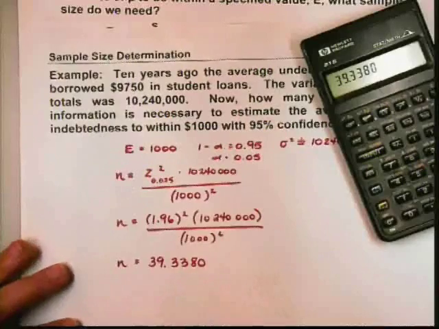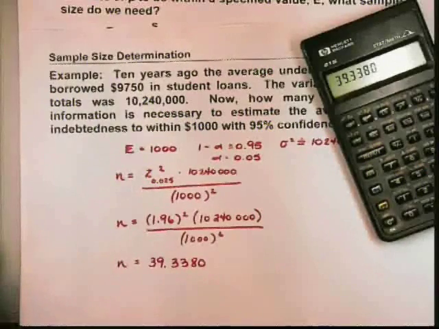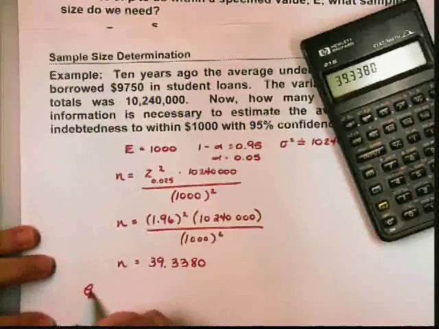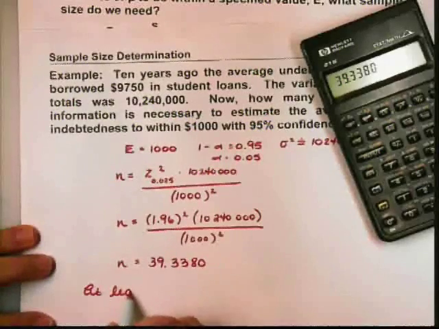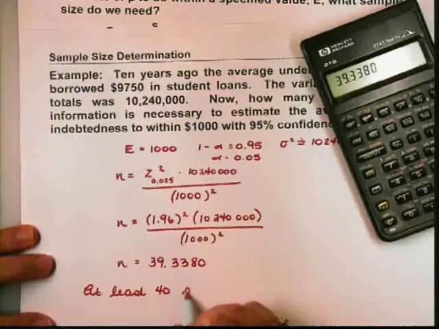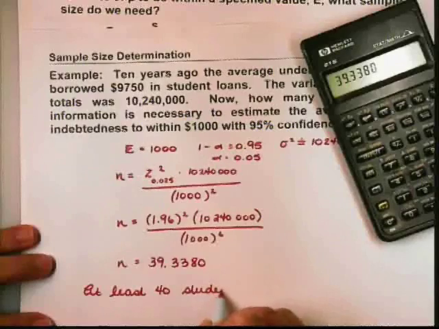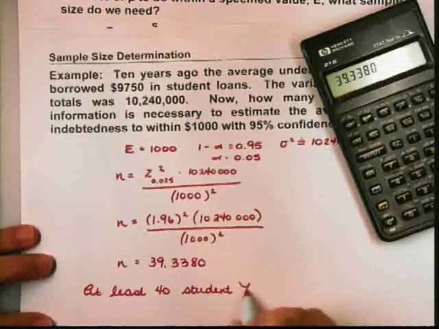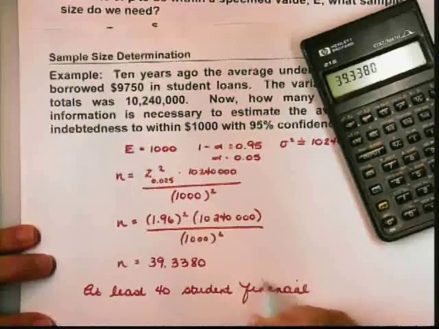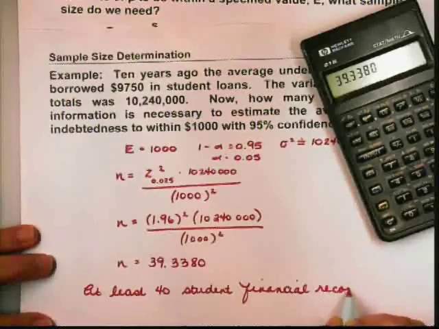Okay, sample size, always round up. You can't sample 33% of a student's record. You either get it all or you don't, right? Okay, so always round up. So we need at least 40 student financial records must be sampled.